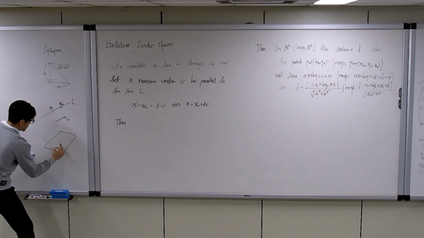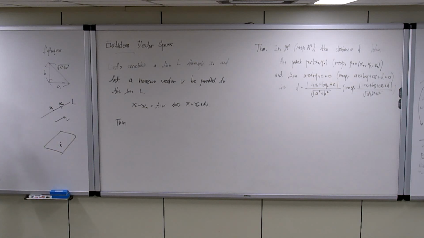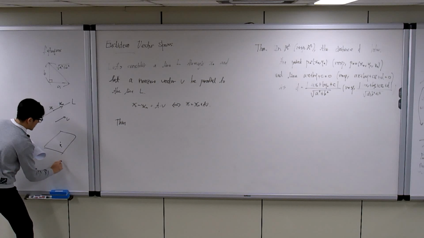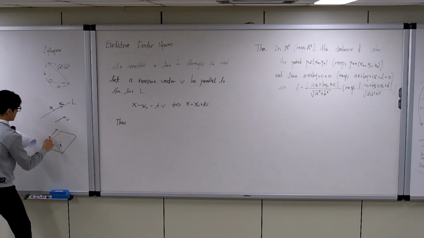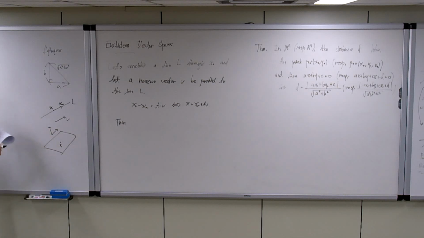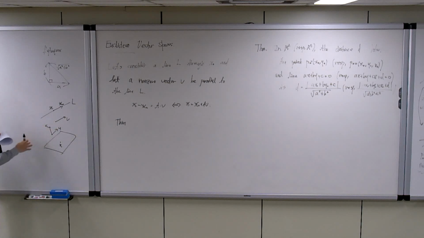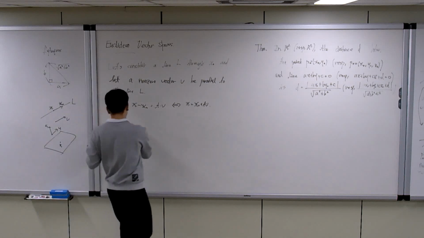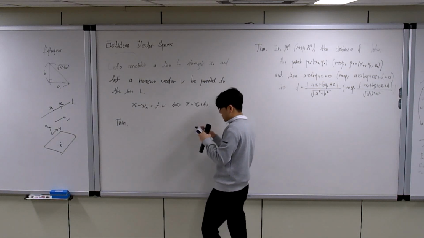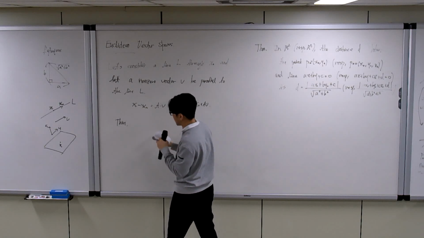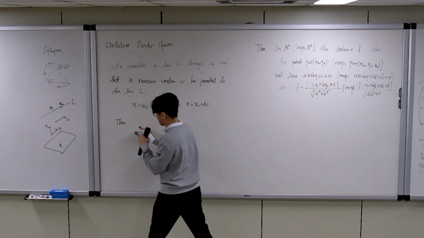If you choose x0, and if you have two vectors parallel to this plane, v1, v2, with different directions, then the plane case will give a similar solution.